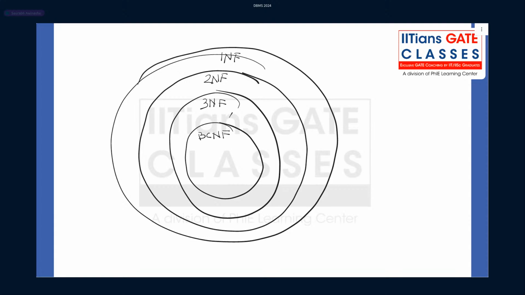So it was like 2NF is a subset of 1NF, 3NF is a subset of 2NF and 1NF, and BCNF is a subset of 3NF, 2NF, and 1NF. So if a relation is in 2NF, then it is also in 1NF. If a relation is in 3NF, then it is also in 2NF and 1NF. And if it is in BCNF, then it is in all of 1, 2, and 3NF. Right?